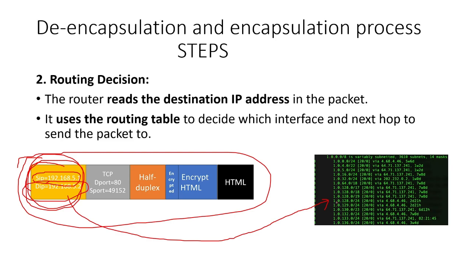So let's say this is the appropriate route to this destination. Then the router will use this part of the routing table to forward to the next router.